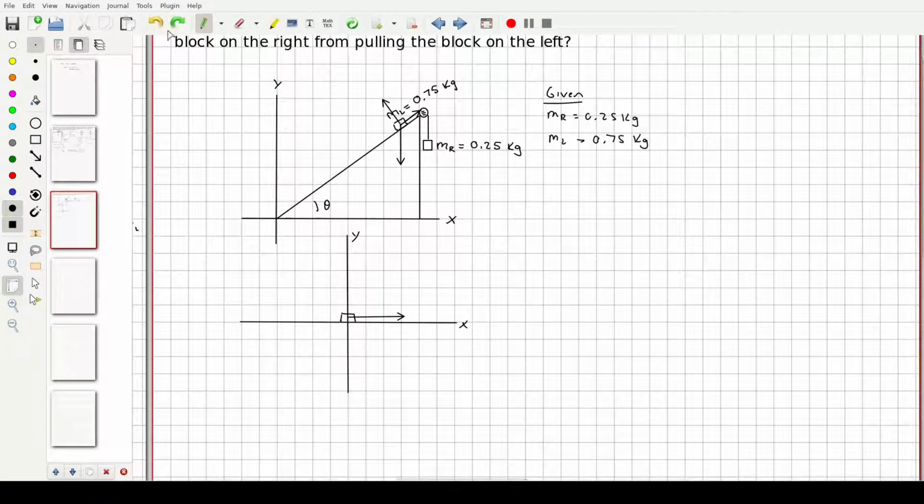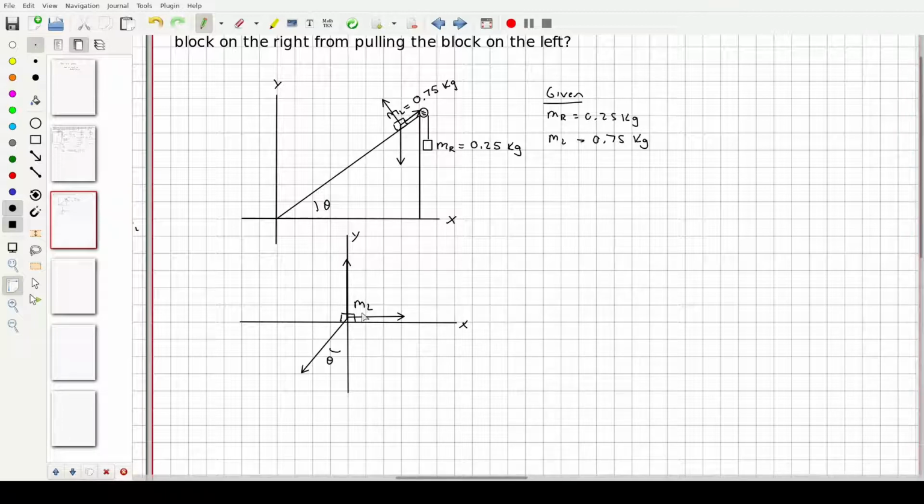It goes off like that. Now, once again, exactly the same arguments apply. This angle right here is theta. It's the same thing. Now here, we have our normal force that goes straight up like that. Okay, so this right here is going to give us the free body diagram for the left object. This is ML.